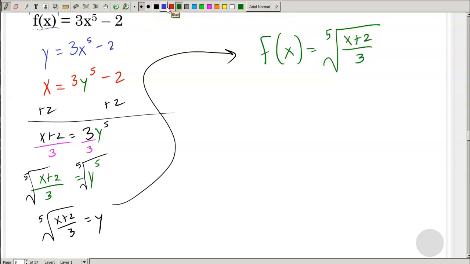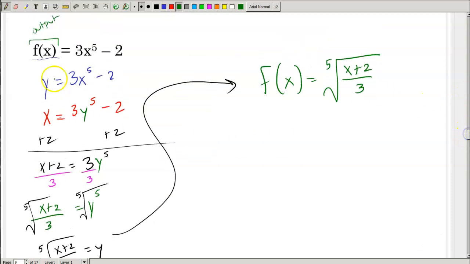But now this is the inverse, and so we can separate these two things. Instead of just saying f of x equals 3x to the 5th minus 2, we're not going to say f of x is equal to that same thing. We're going to distinguish the original from the inverse by putting a little raised negative 1 on the f.